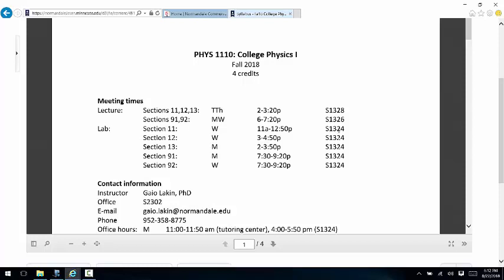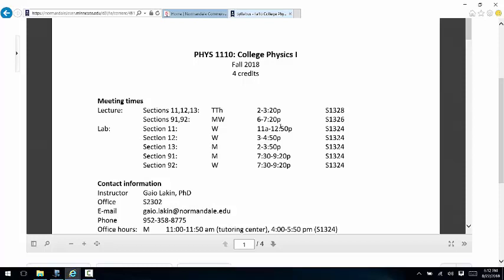Notice that all the labs are in the same room, and that is going to be possibly useful to you, because knowing when these other labs are is going to be useful if you miss your lab or miss one of the lab exams that I'm going to talk about, and you can't make it. It's fine with me for you to show up to any other lab in the week.